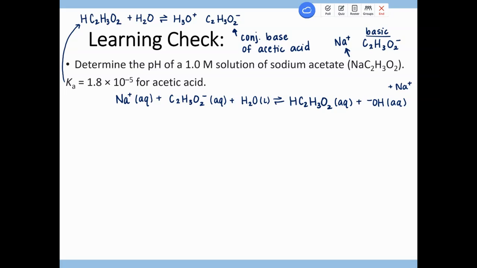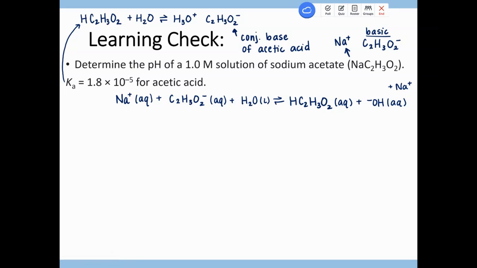So in order to write this properly, we needed to first identify that acetate would act as a base. So adding acetate, the ion, to solution, will be a base when it reacts with water. So that means, the definition of a Bronsted base is that it accepts a proton, so it will become HC2H3O2, which we call acetic acid. And then water loses a proton and becomes OH minus.